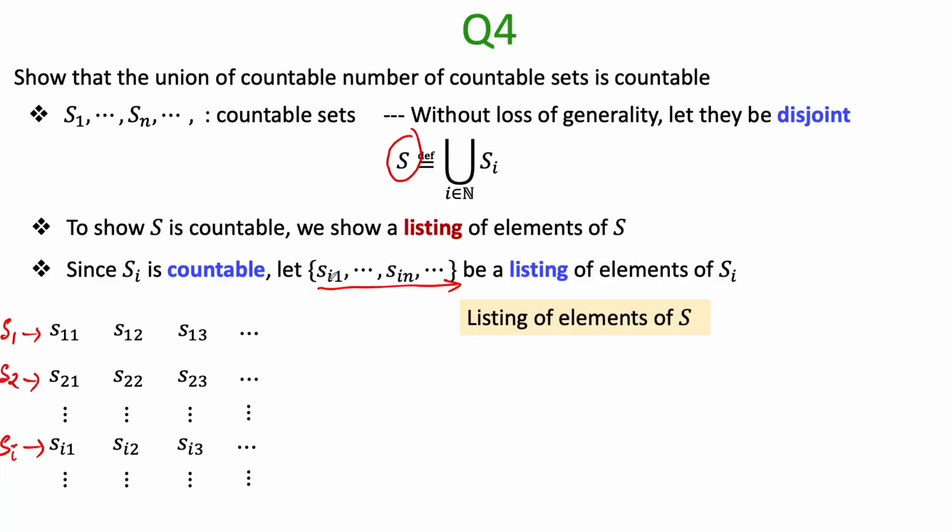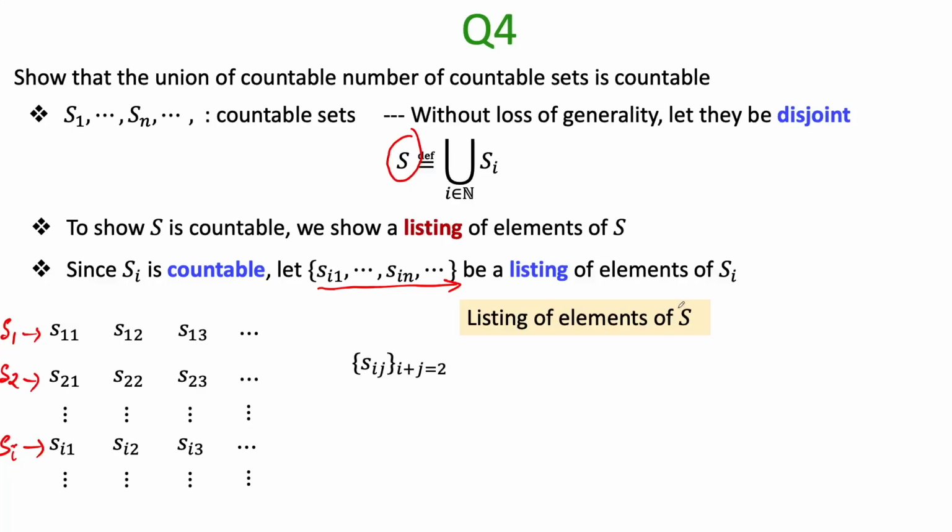The first index denotes the set number that I am focusing on right now. So if it is i, then the first index will be i, and the second index denotes the position of the element, whether it's the first element or the second element or the nth element, and so on.